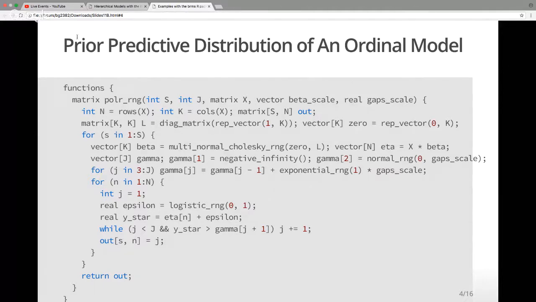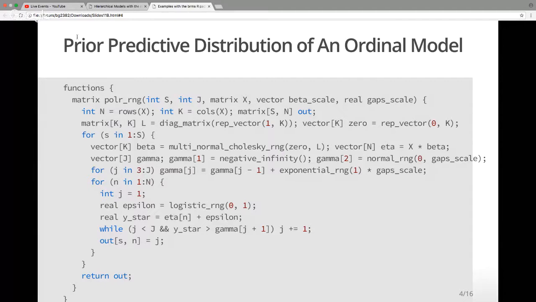I should have put diag_matrix of beta scale here, but I forgot I passed myself the beta scale parameter, so I just put in ones here. So this is basically equivalent to if my beta scale had been 1, 1, 1, 1, 1. That has a size K.